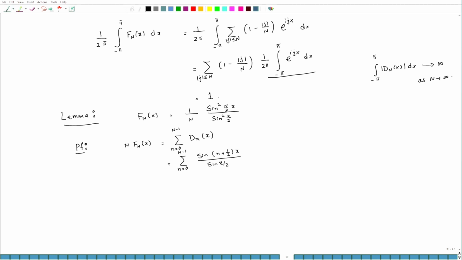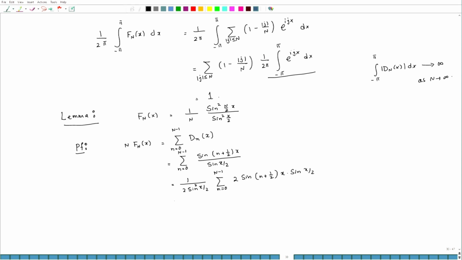That is what the definition of the Dirichlet kernel is. Therefore, if I multiply and divide by sin x by 2, and then do a sin square x by 2, what I have inside the sum is 2 times sin n plus 1/2 of x sin x by 2. Now, this is in the form of 2 sin A into sin B.